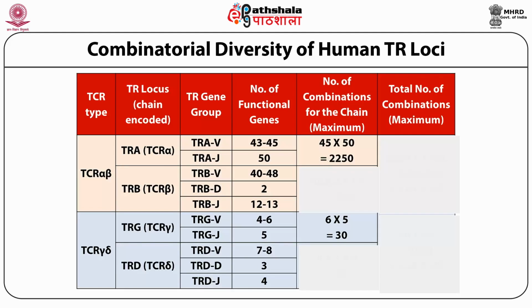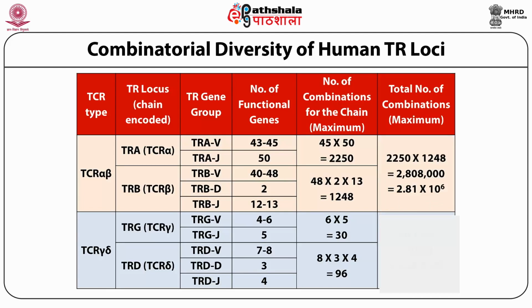Therefore, to calculate the maximum number of antigen specificities at these loci, we multiply 48 by 2 and 13, which gives us 1248 for the TRB locus. For the TRD locus, 8 multiplied by 3 and 4 gives us 96. For calculating the maximum number of antigen specificities for TCR alpha beta, we multiply 2250 by 1248, which gives us 2.81 million.